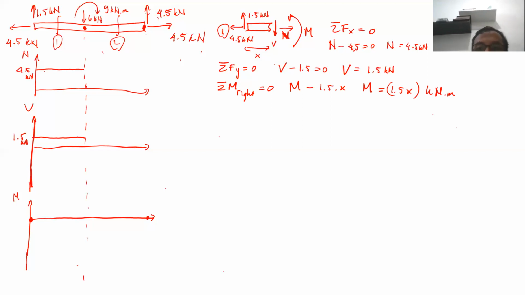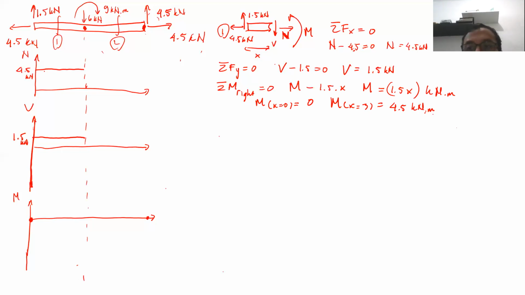As usual, in order to draw the moment diagram, I try M at x equal to 0 and find the value. It is supposed to be 0. Then at x equal to 3 meters, I find the value as well. Here, 1.5 multiplied by x, so the value is supposed to be 4.5 kilonewton meter there.